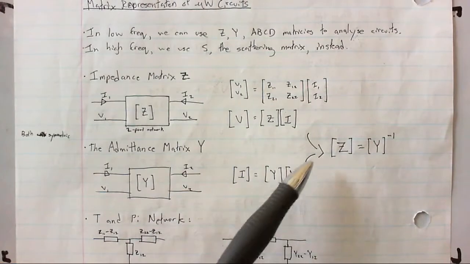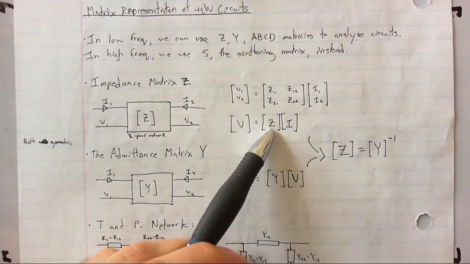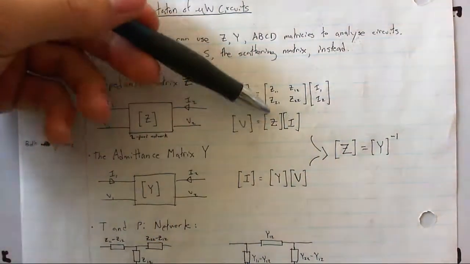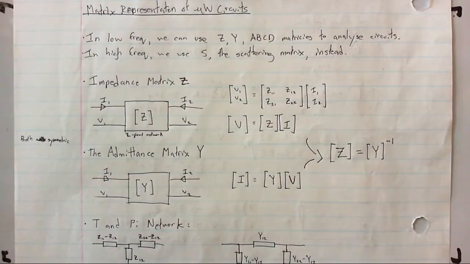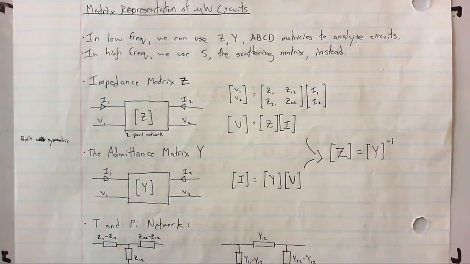Same general concept, all you're doing is inverting them. So you're taking the inverse of Z and then you get Y. So the Z matrix is equal to the inverse of the Y matrix. You've got some 4-element matrix here, you perform matrix multiplication, and you'll get your answer.